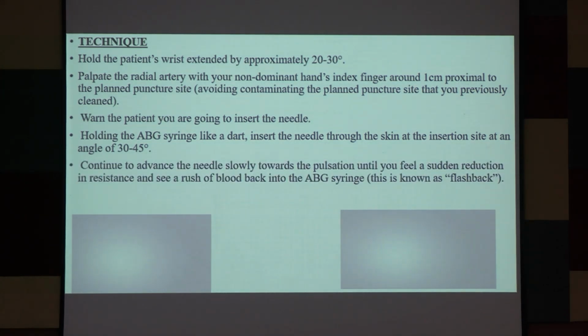Continue to advance the needle slowly towards the pulsation until you feel a flashback. That is the reduction of the sudden resistance. The syringe will be filled automatically by a flashback, right? And in a pulsatile manner. Then you can confirm that this is the radial artery.